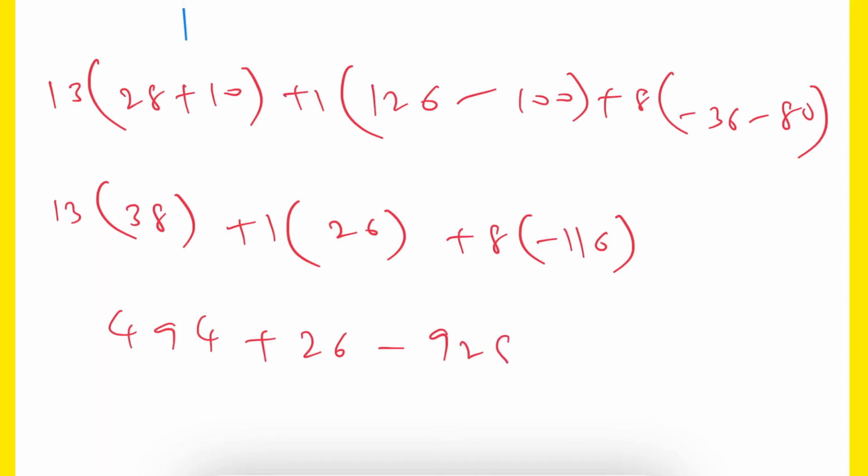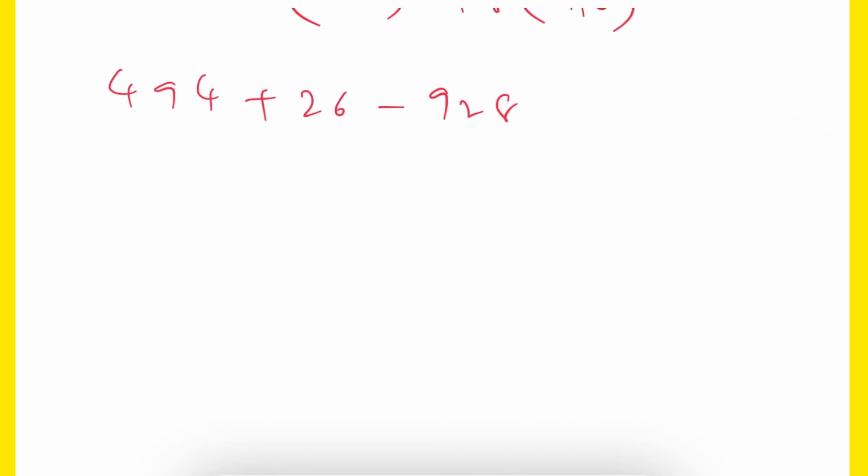It is nothing but 928. Next, 494 plus 26. It's nothing but 520 minus 928. It's nothing but minus 408. This is the value of delta 1.